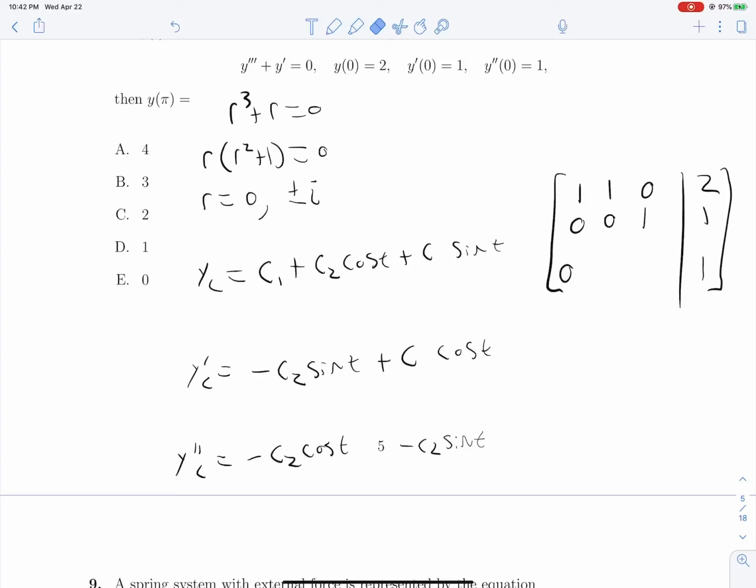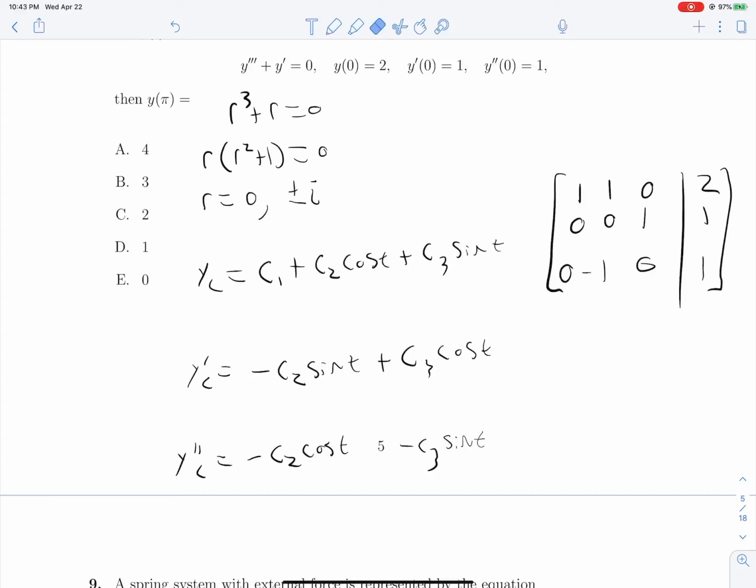I think I did exactly the same thing where I wrote 2c2 the last time I took this exam. I usually don't make that mistake. Yeah, 1c3 is equal to 1. And then for y double prime, we will get 0c1 minus 1c2 plus 0c3, because we're evaluating that sine at 0, is equal to that right there.